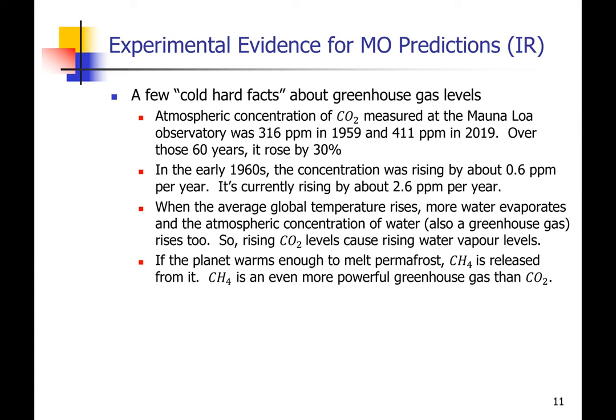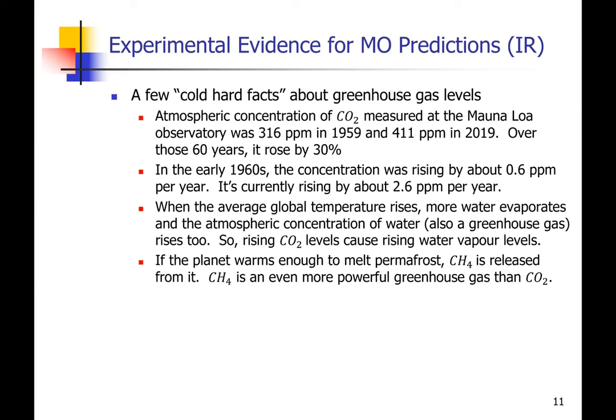And methane is actually a more powerful greenhouse gas than carbon dioxide. It hasn't made it into the news as much, other than people who like to joke about farting cows, which is really a distraction. But the wavelengths which it absorbs are very, very important.